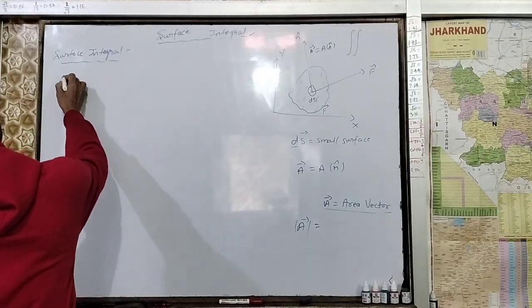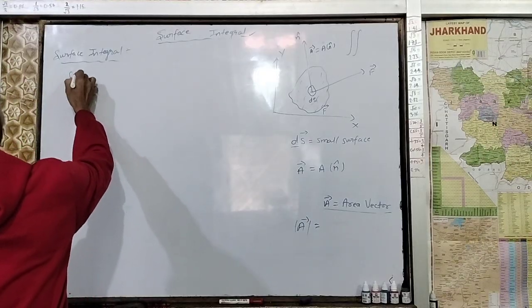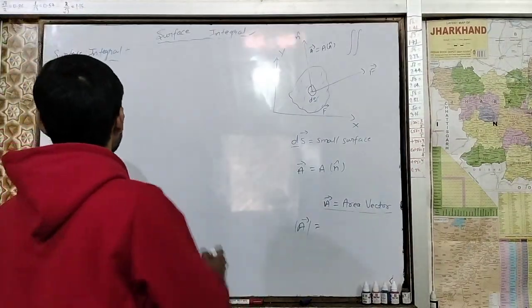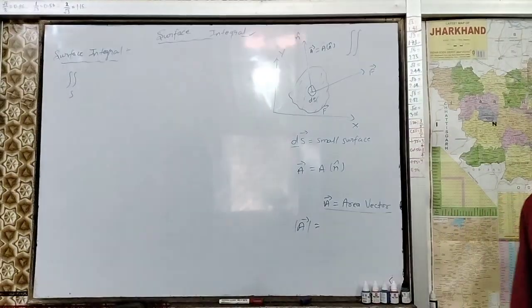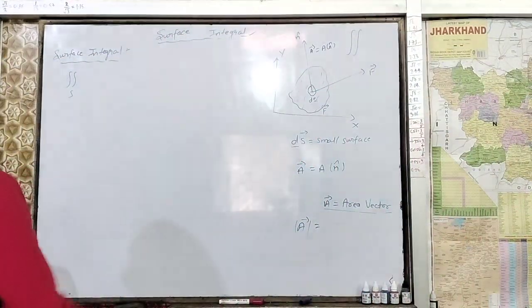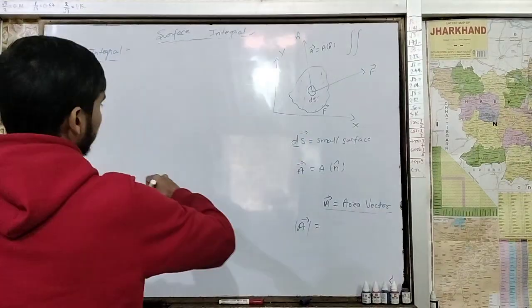Simply, you can write this as a double integration. This surface integral is equal to the double integration of your vector field F dot dS.